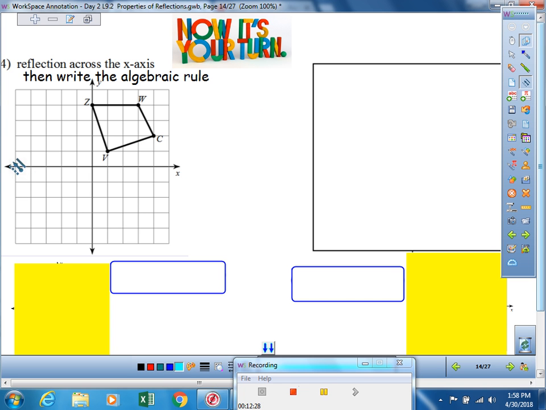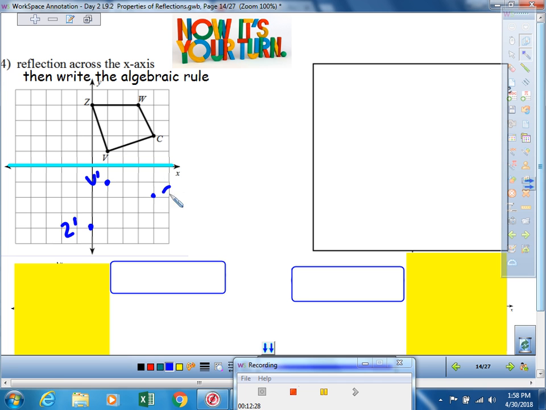All right, so if you're going over the x, again, you just count. Z prime, 1, 2, 3, 4, 1, 2, 3, 4. Z prime, don't forget your prime marks, 2 away, C prime, and then 4, W prime.